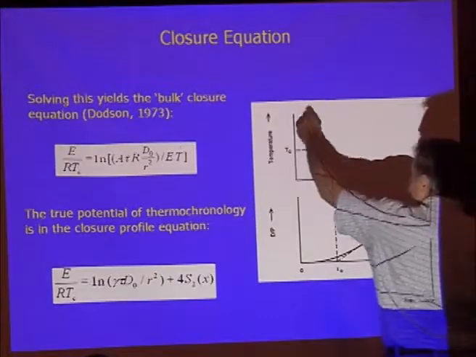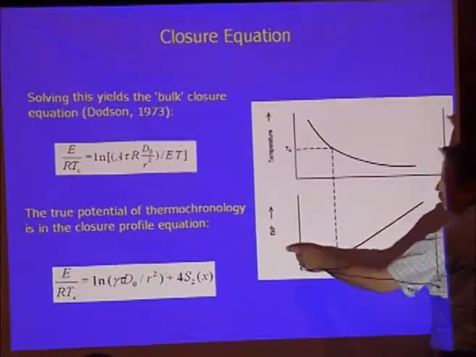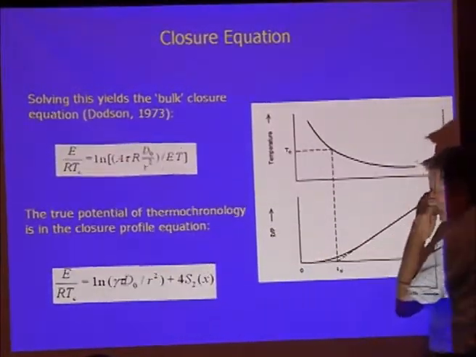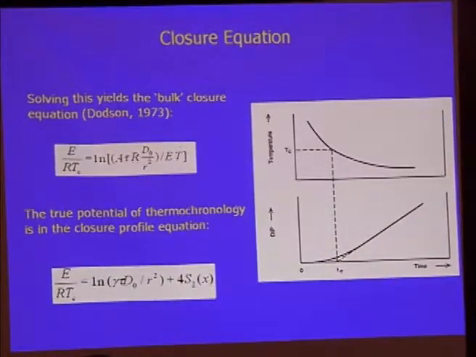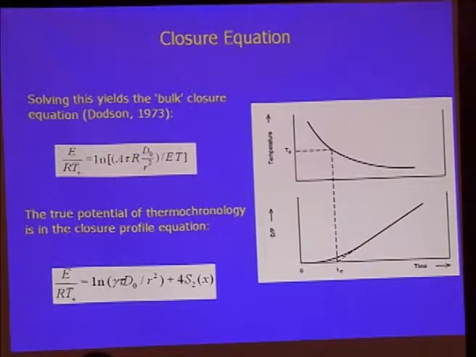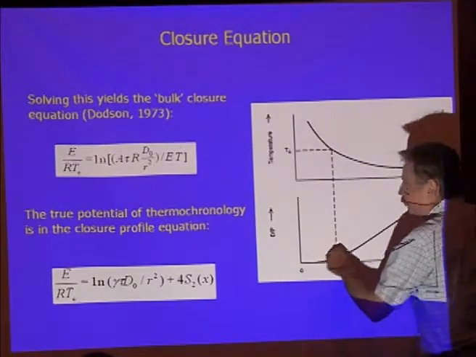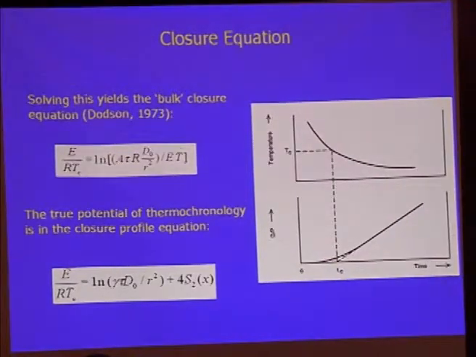So at high temperature, the daughter to parent ratio, let's say in this case argon to potassium, is 0 because we're leaking the daughter product as soon as it gets produced. Eventually, temperature drops to the point where, given the kinetics, the argon starts to be a little happier on longer time scales. It's starting to hang around.